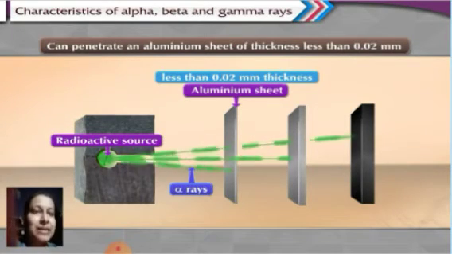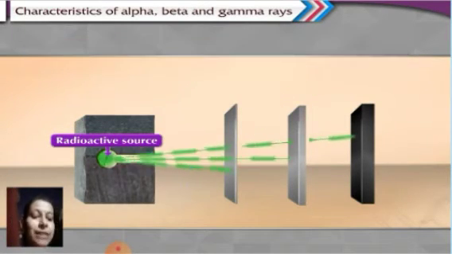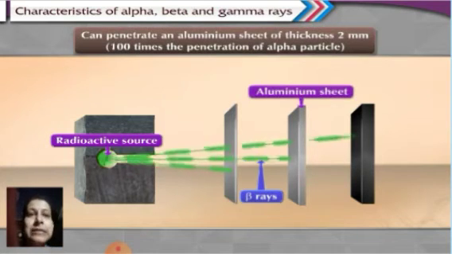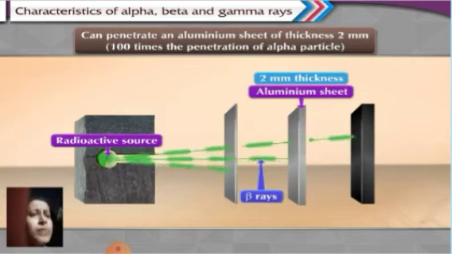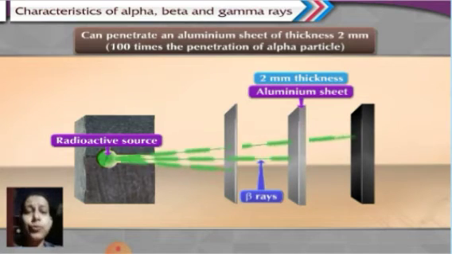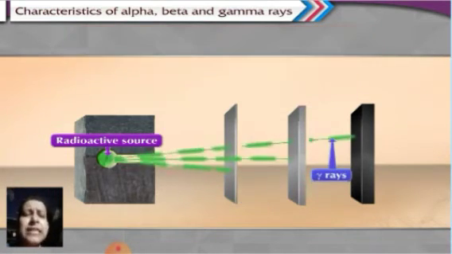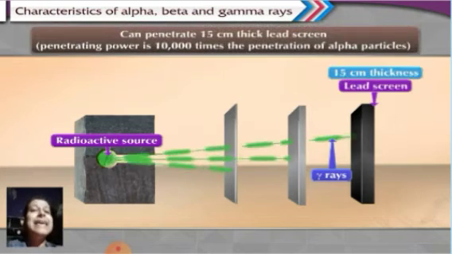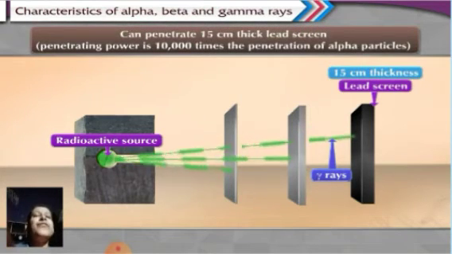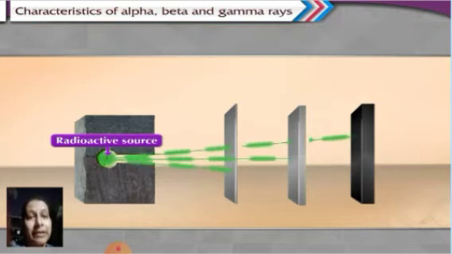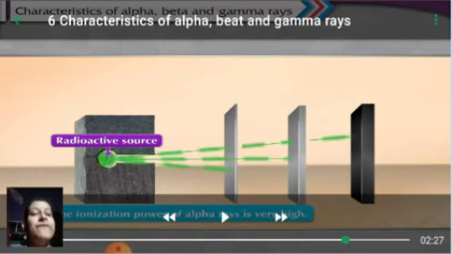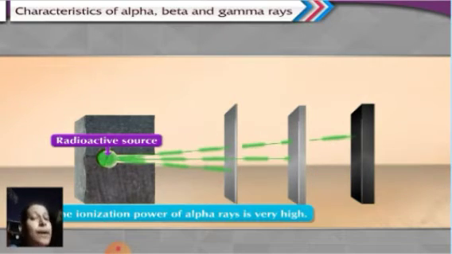That is around 100 times the penetration of alpha particles. Whereas the gamma rays, whose velocity is very high, up to 3 lakh kilometers, can penetrate a 115 centimeter thick lead screen, which is almost 10,000 times the penetrating power of the alpha particle. So gamma rays have a very high penetrating power.